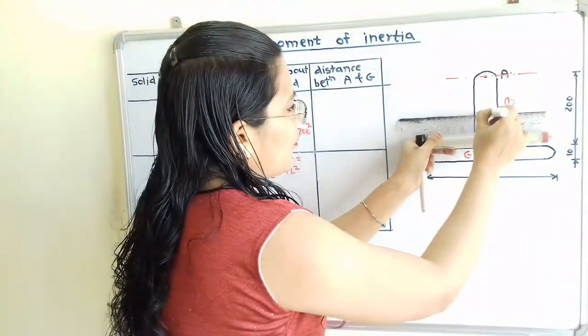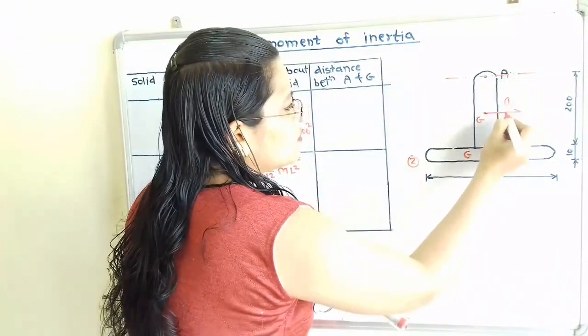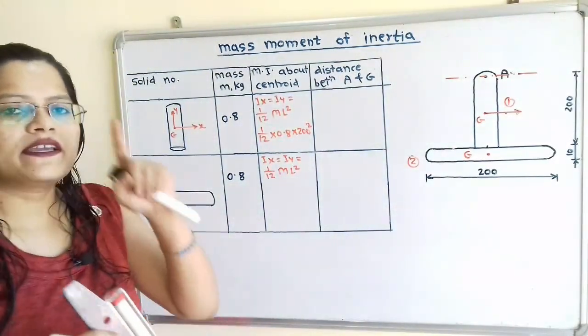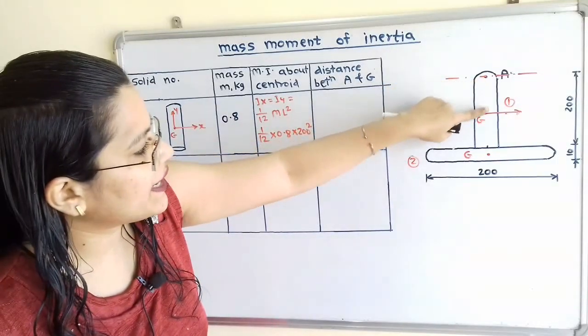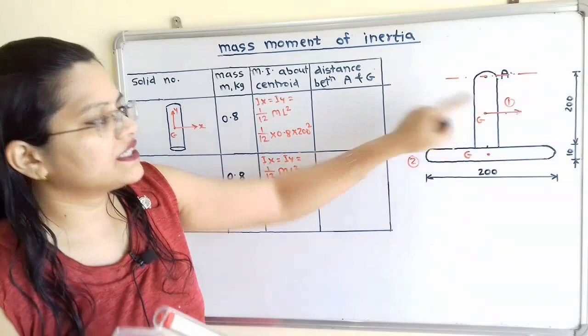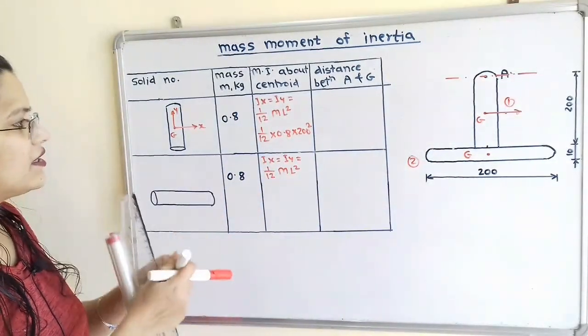From point G, if I draw the x-axis, these two lines are parallel to each other, so we can apply the parallel axis theorem. The distance between A and G is 100 millimeters because G is the center point, so we mention 100 here.